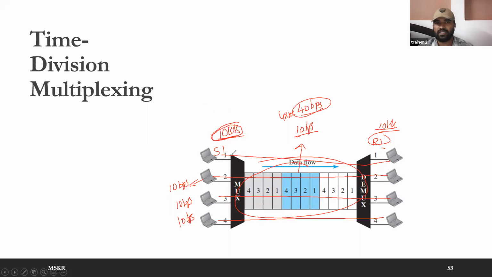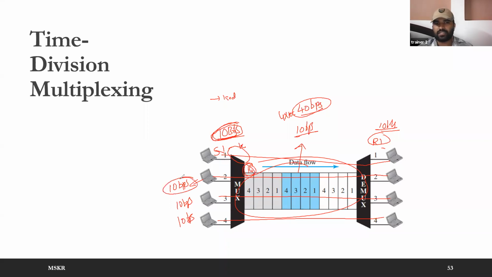These 10 bits are generated in 1 second, and you are going to reduce the interval of each bit to 1/4 and pass them in just 1/4 second. So 10 bits which are generated in 1 second are transmitted in 1/4 of a second.